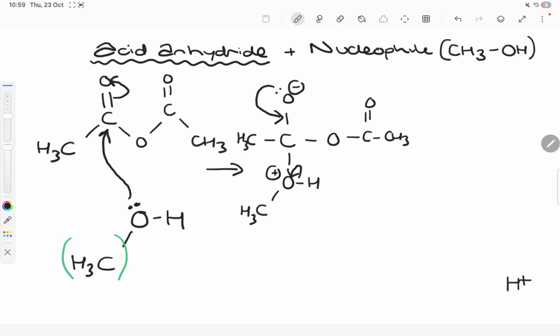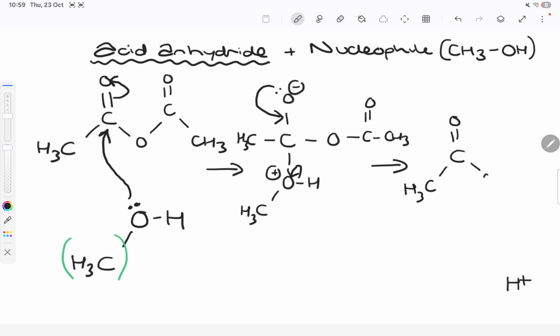This, in this example, will create an ester, again, as we did in the second clip. So the product becomes exactly the same product as it was when we used an acid chloride. So the product of these two reactions doesn't change.